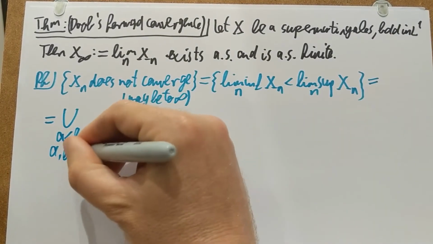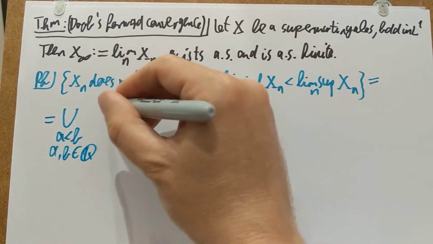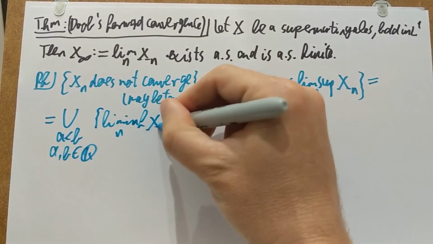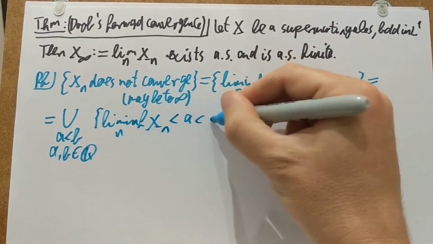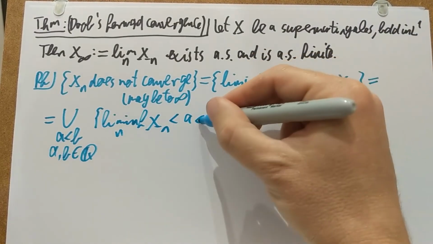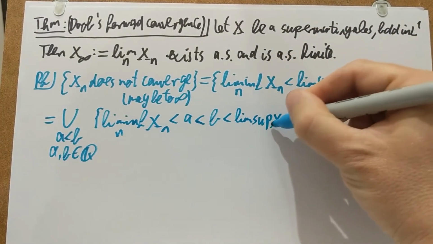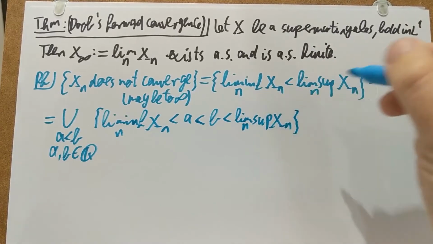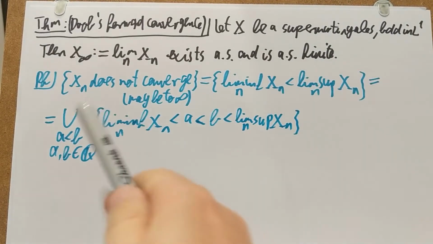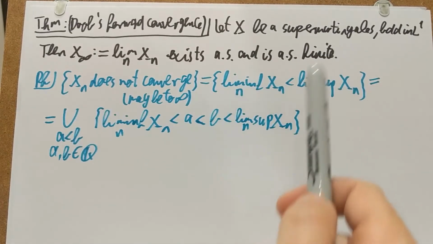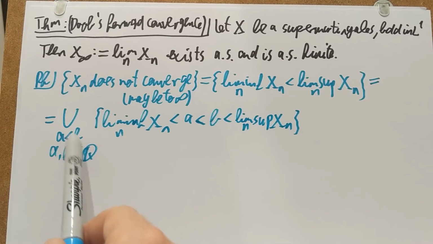So if lim-inf is less than lim-sup, then there are two different rational numbers A and B which I can squeeze in between lim-inf and lim-sup. So a union in probability means at least one, right? Or at least some. So lim-inf smaller than lim-sup if there are at least some rational numbers A smaller than B which can be squeezed in between the two. That's what it means that two numbers are not equal.